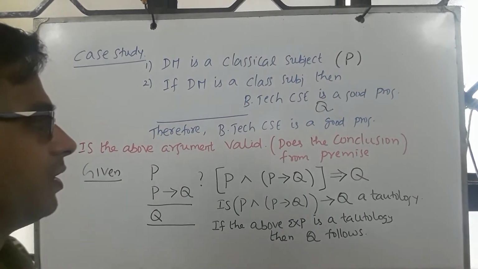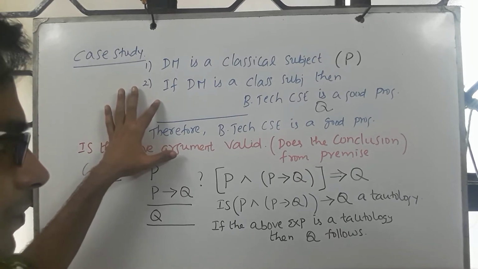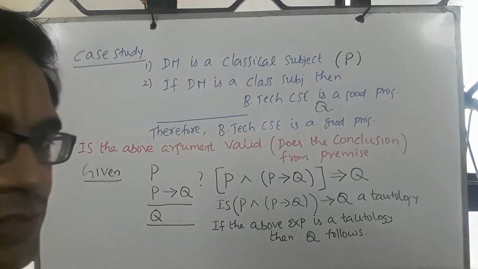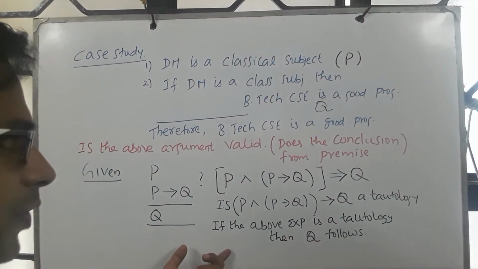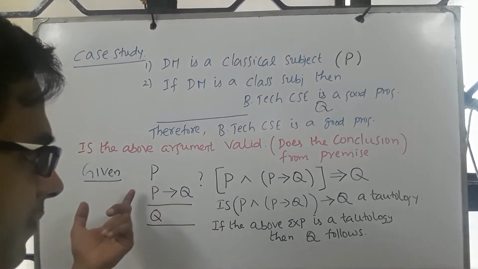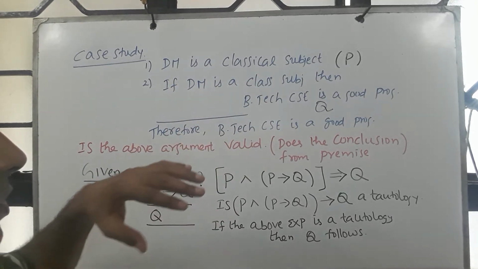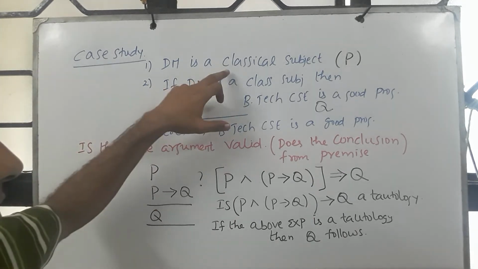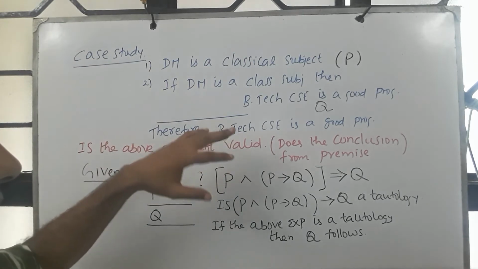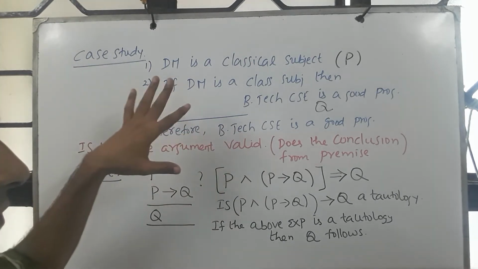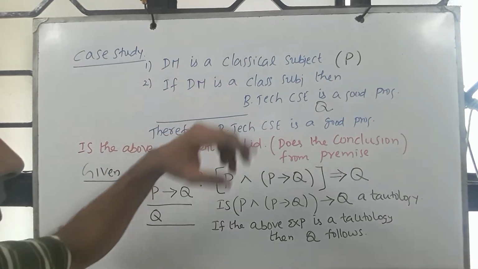I repeat, given an argument of this type, we want to know whether the argument is valid or not. So to talk about the validity of the argument, bring the first level of abstraction by introducing propositional variables. P represents DM as a classical subject, it's a proposition. If you fix a context, in the context of CS people, we see that this is a proposition.